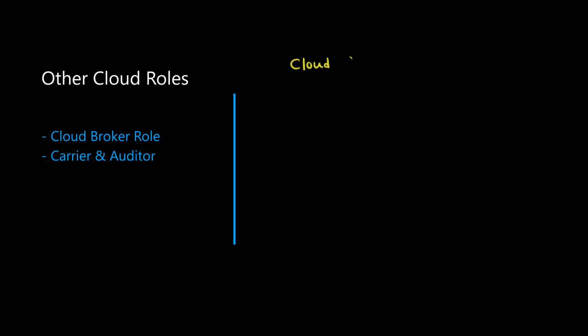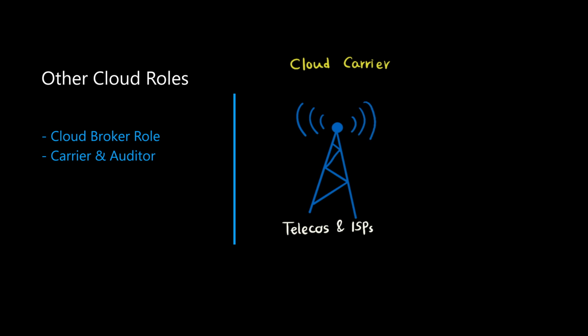Cloud carriers provide the connectivity and transport services that enable access to the cloud services. These are typically telecommunications companies and internet service providers that offer the network infrastructure, connecting customers to cloud providers. While often overlooked, carriers play a critical role in cloud service delivery.